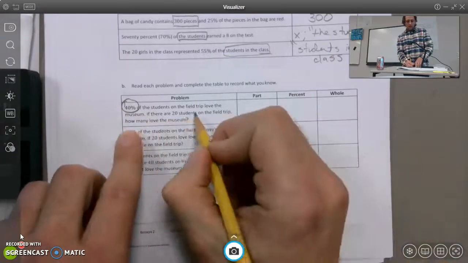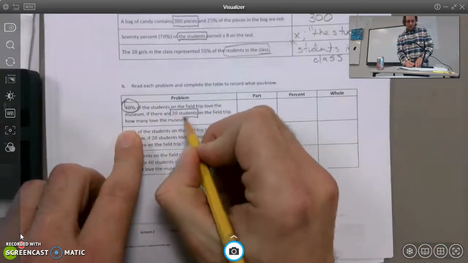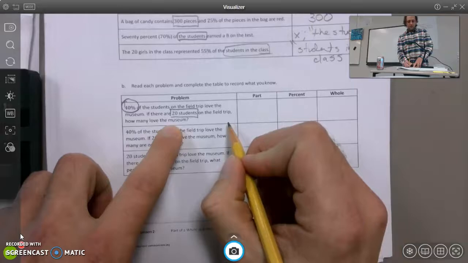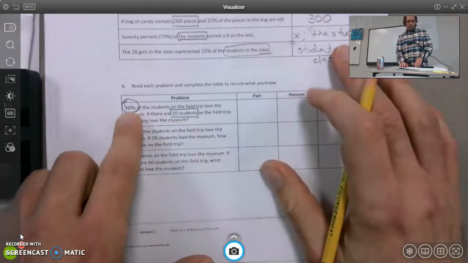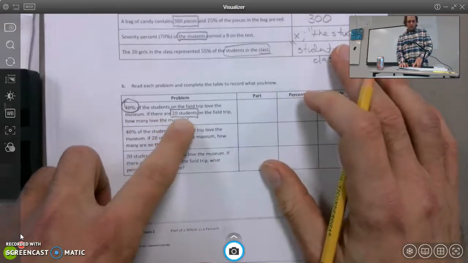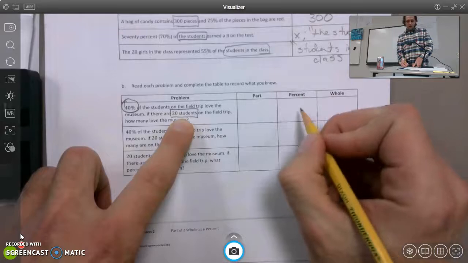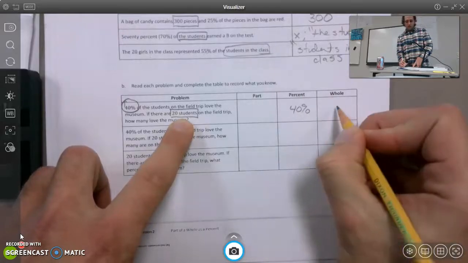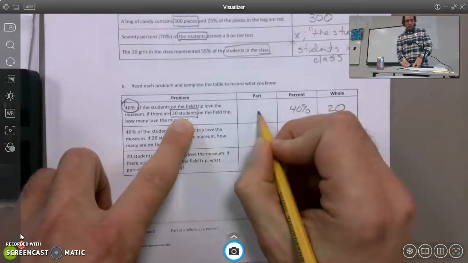If there are 20 students on the field trip, how many love the museum? So this is the percentage and the whole. We want to know the part. So percent is 40%, the whole is 20. We want to know the part.